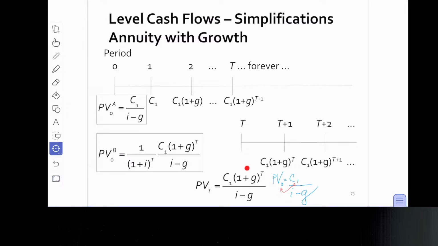So the price here has to be this first cash flow. So this acts like my C1 or my first cash flow, the whole thing, not just the C1. Whatever that number is, the next one basically. So this is PV at T, the price here. If I gave it a name, I could call it C(T+1), right?